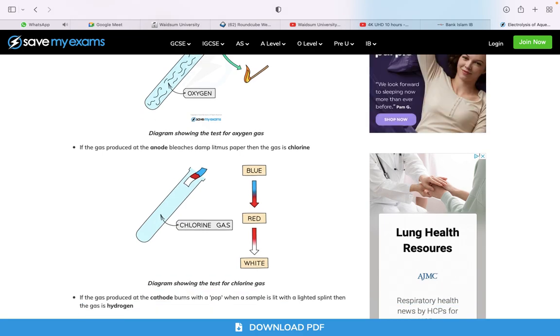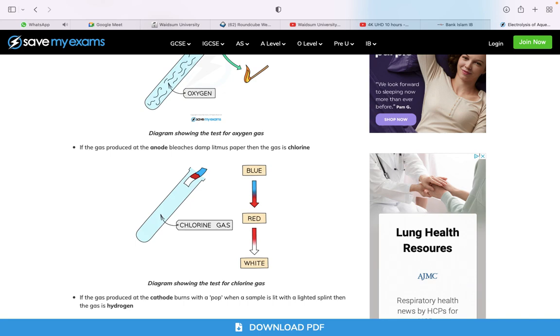Now, if the gas produced at the anode bleaches damp litmus paper, then it's chlorine gas. That's the test for chlorine gas. If you see that it does not support a glowing splint, another test you can do is to bring a damp litmus paper.